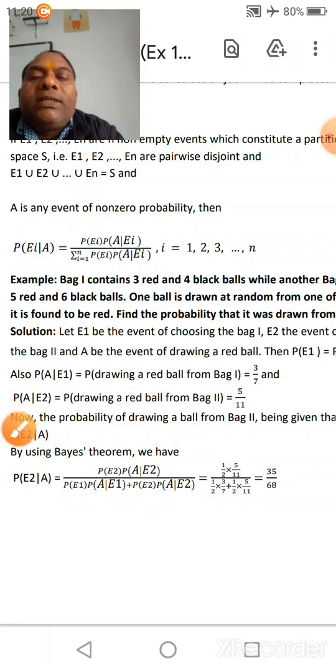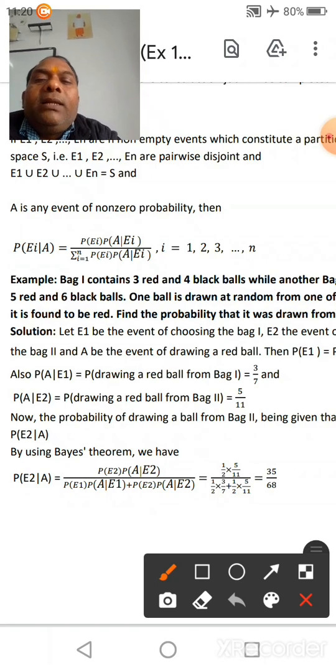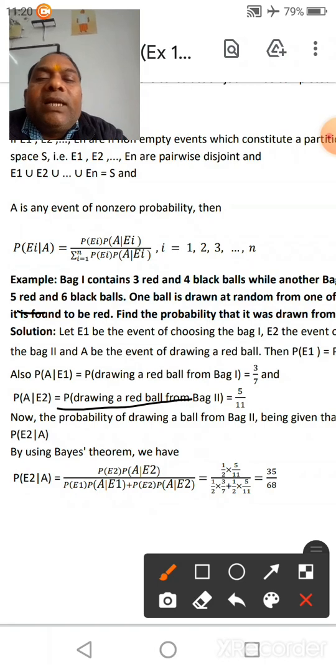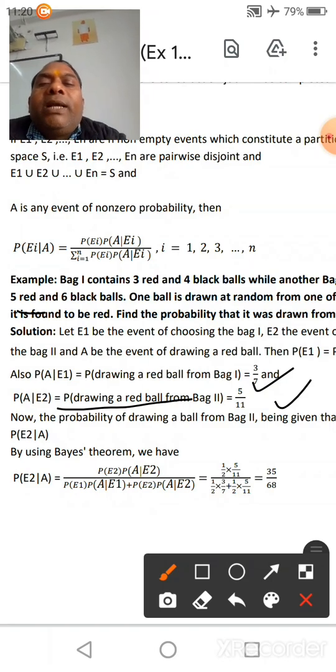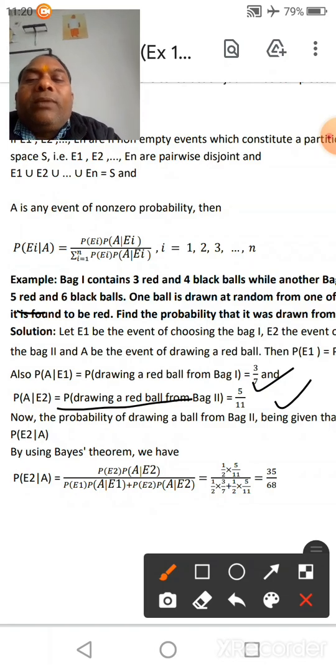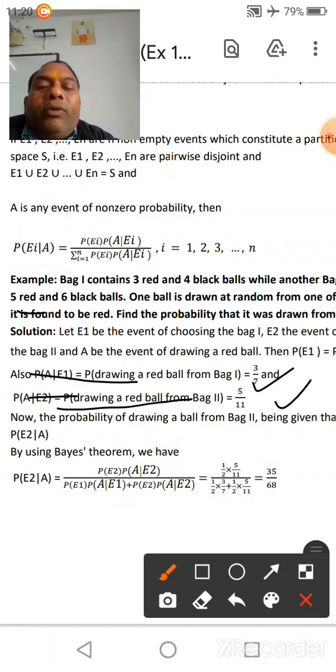In the second bag, how many red balls are there? 5 red balls. So P(A|E2) is 5 upon 11, because the total number of balls in bag second is 11. Similarly, you can find P(A|E1) easily.